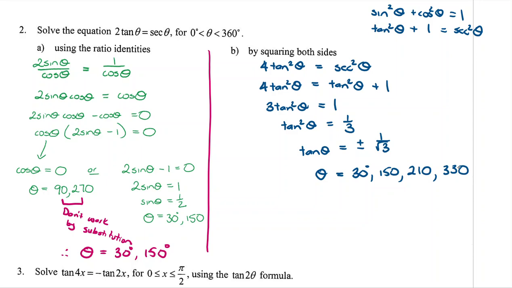However, the checking part again, if you check by subbing in, 2 of the solutions don't work. I wonder which ones. So it comes back down to our 30 degrees and 150 degrees.